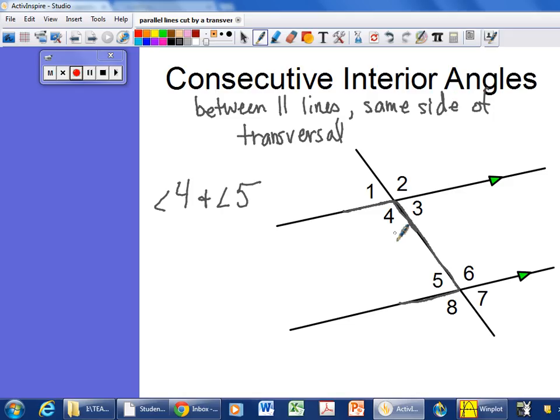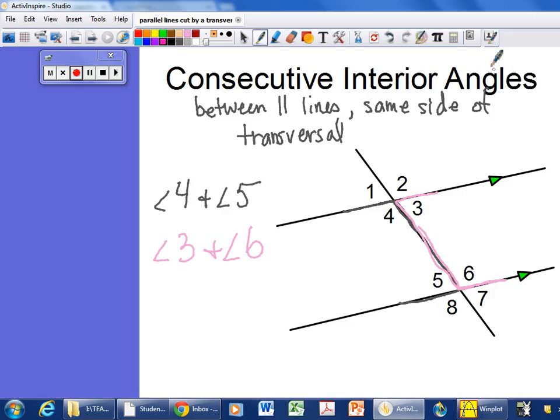Okay, they're both on the left side of this transversal and they're in between your parallel lines. And the other set would be angle 3, also interior, and angle 6 on the same side of the transversal as angle 3. So that's a horrible copy. So angle 3 and angle 6 are also consecutive interior angles.